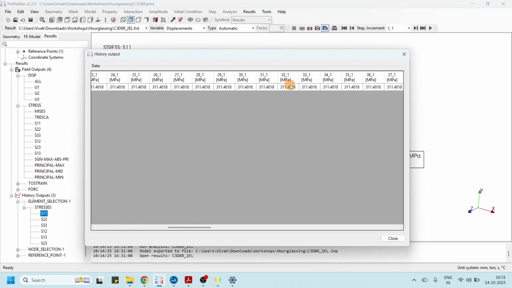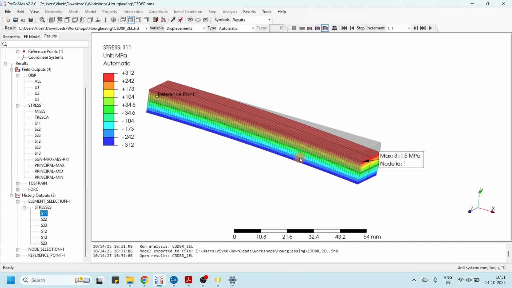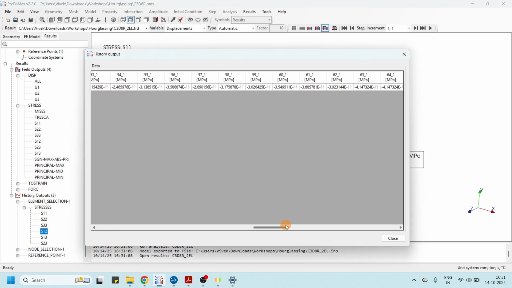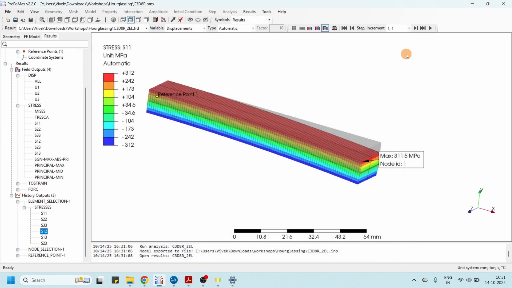That is also 312 megapascal. So I am getting bending stresses, but it is not close to my theoretical bending stress, that is 612 megapascal. And shear stresses are 0. So this is good, that we don't get any shear locking with reduced integration elements.